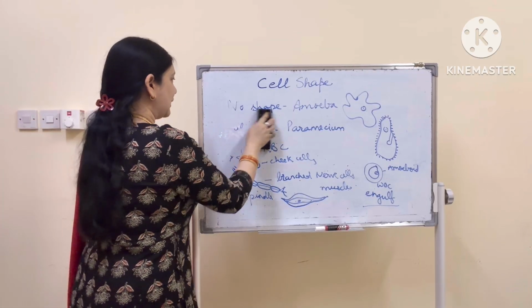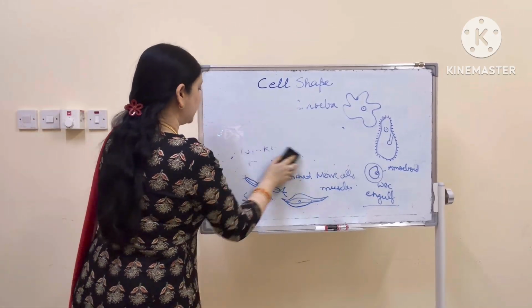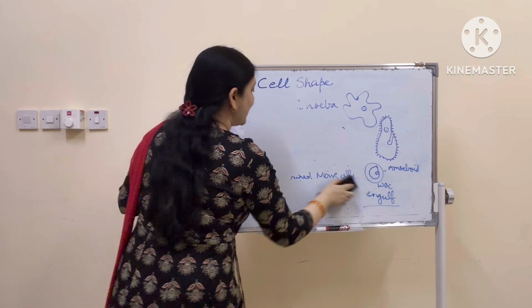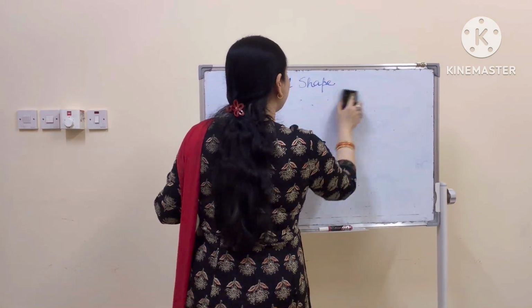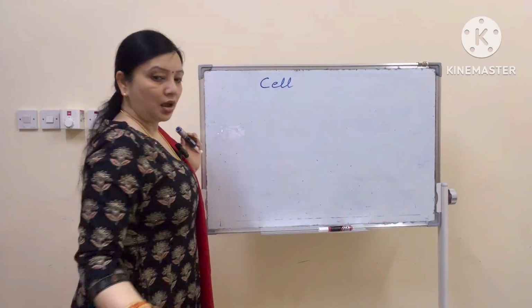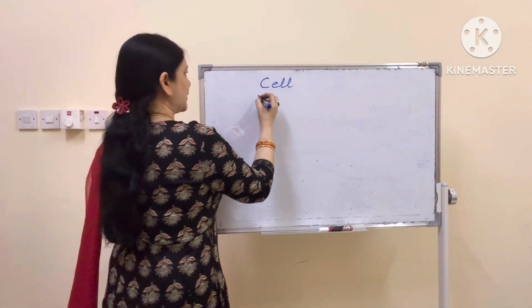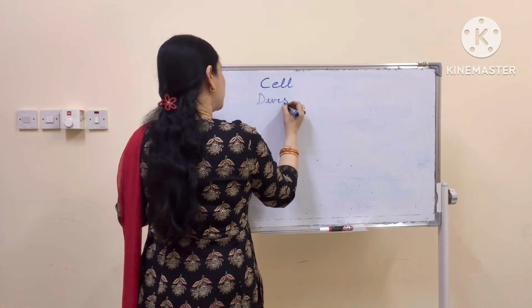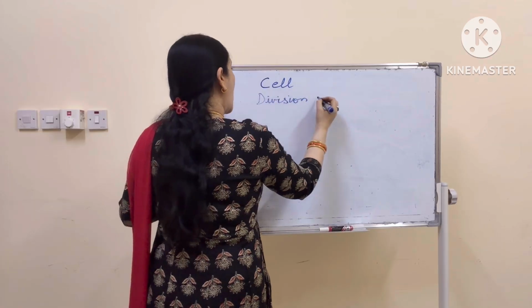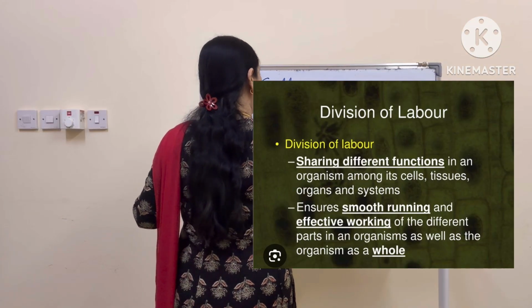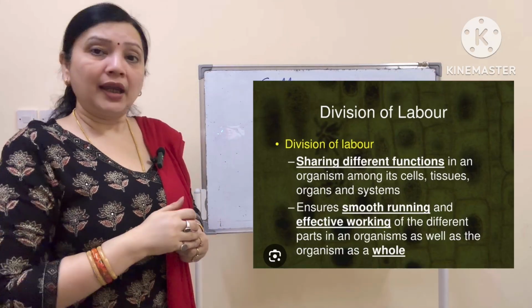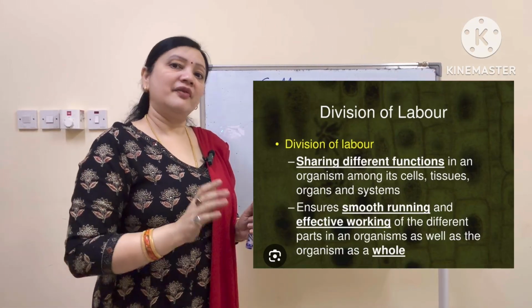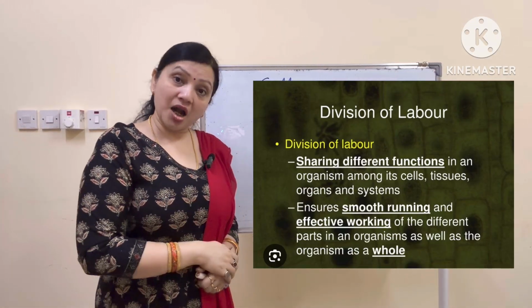The next thing which we have to study is how the cell makes up an organism and what is division of labor. So first let us study division of labor. Division of labor means all parts have their own specific work. In our body also, will your stomach ever do the work of heart?